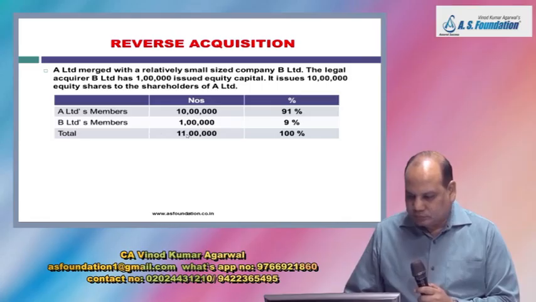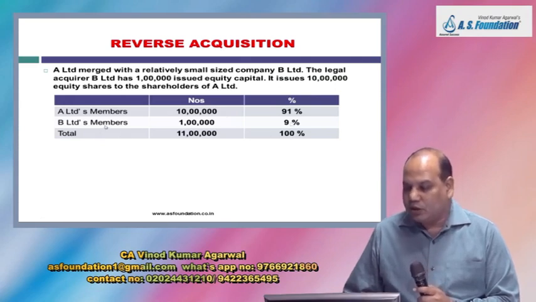Total 11 lakh. If you look at the percentage, approximately 91% shares are with A, 9% shares are with B.